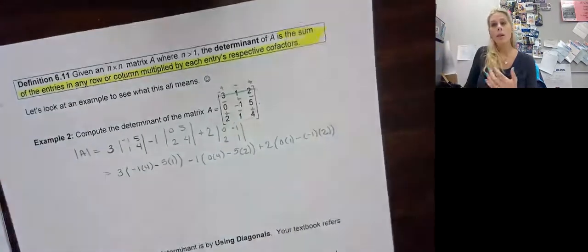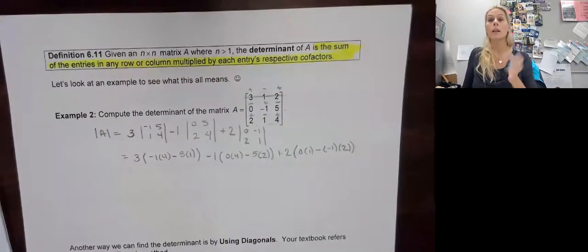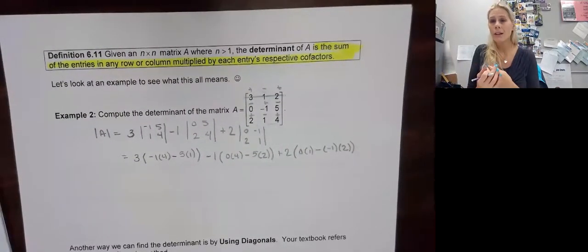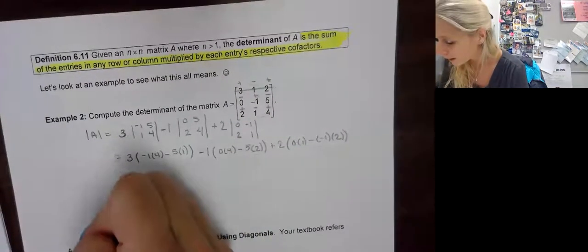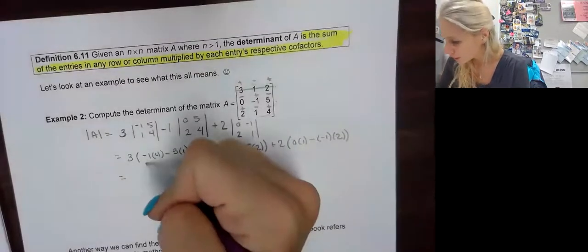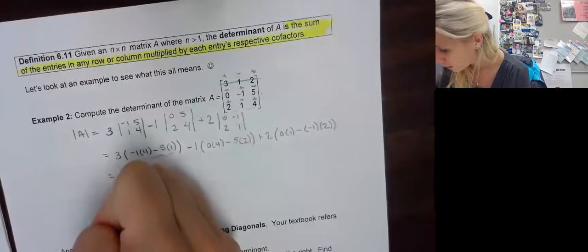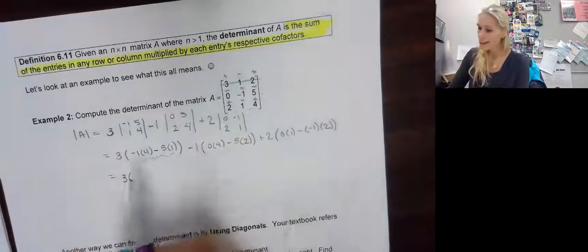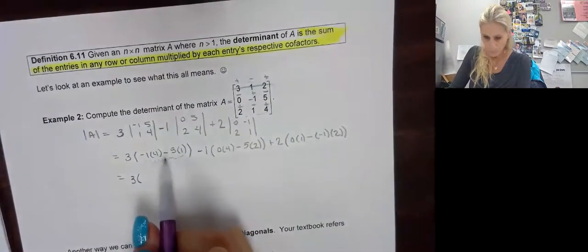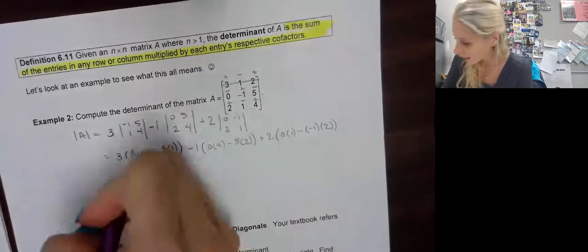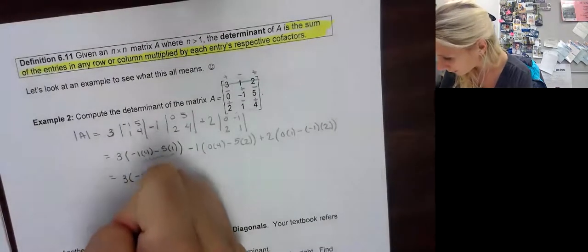Now be careful on your arithmetic here, because you can put this into your calculator at once, but be careful on those parentheses, or do it little by little. I tend to do it little by little just so I know I'm not forgetting anything. So I might just do this inner spot here on my calculator. I have 3 times -4, minus 5, which is -9.